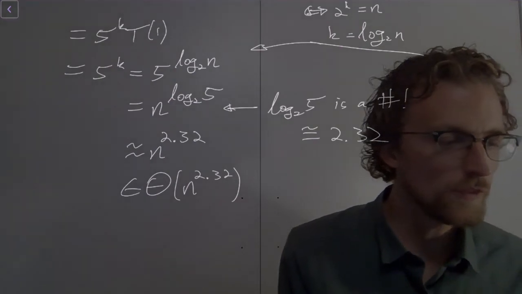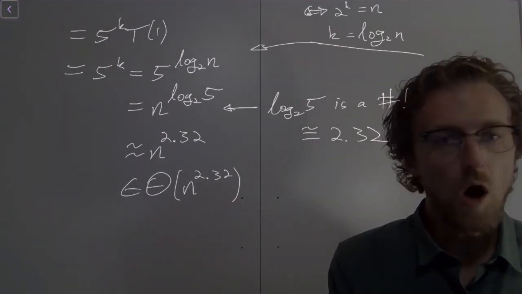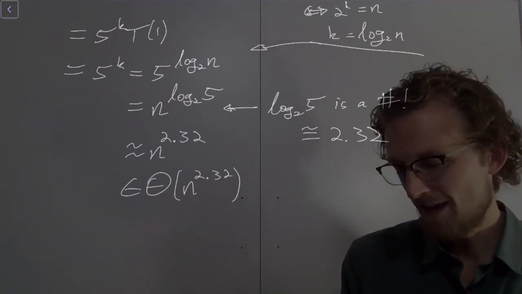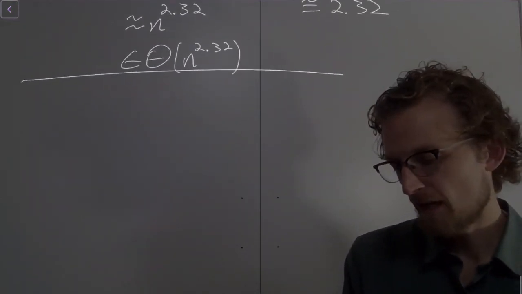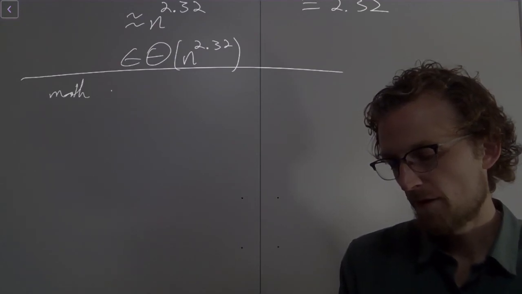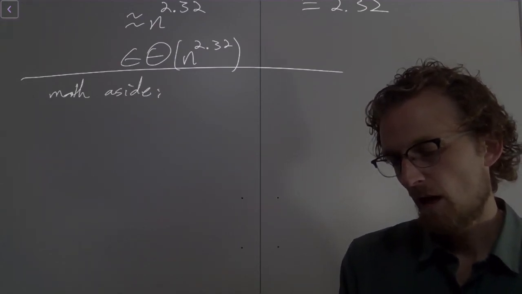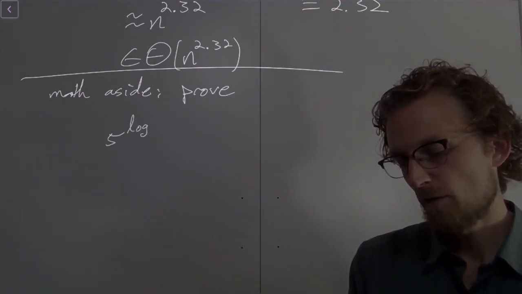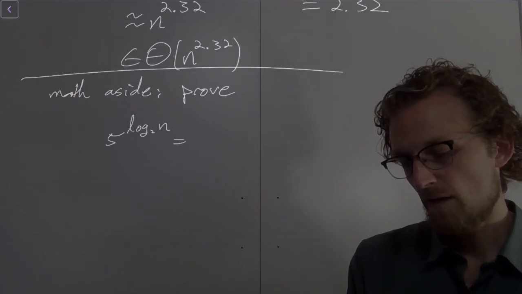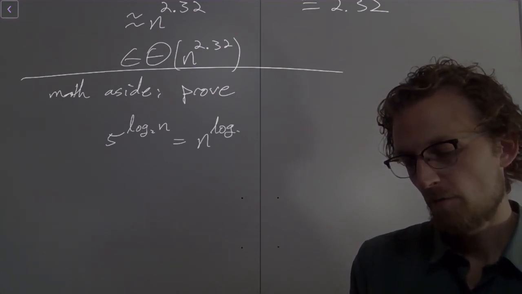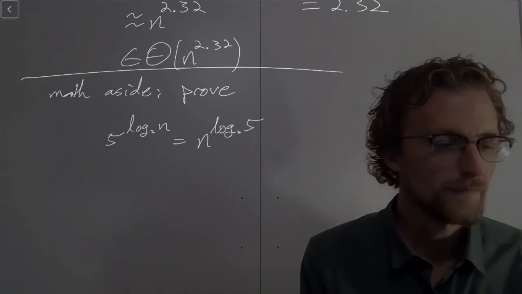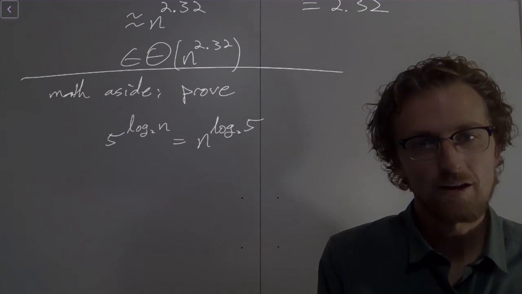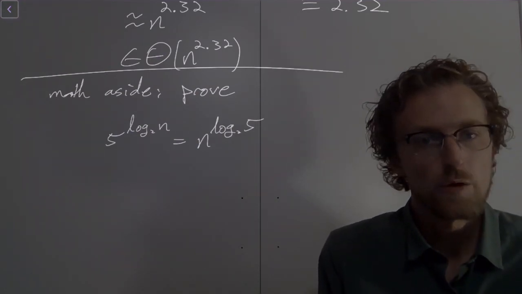So one thing that's worth thinking about is, why is it the case that we had this swap of the 5 and the n? So here's a little mathematical aside. I want to prove that 5 to the log base 2 of n equals n to the log base 2 of 5. Okay, so why is this true? Well, I have two things here, and I can take the logarithm of both sides.